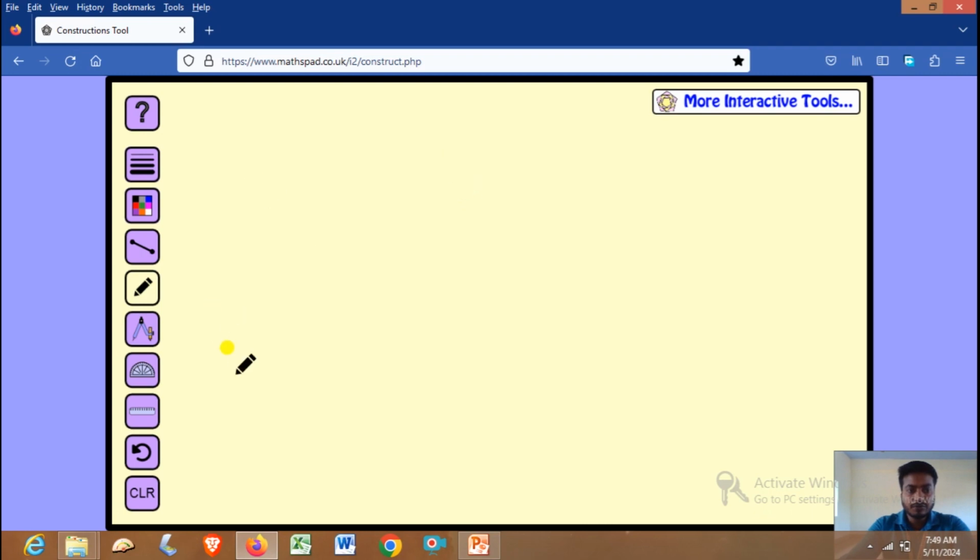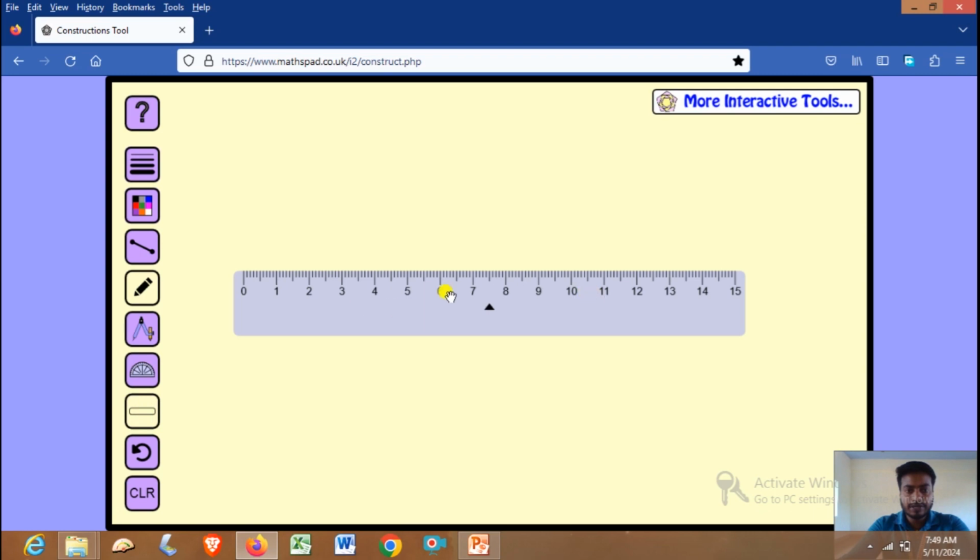So what you have to do, you have to take the scale first. You can see on the screen, this is the scale, and after that you need to take the pencil. As I said, we have to draw the line segment of 6 centimeter. Then keep your pencil where the 0 is marked.